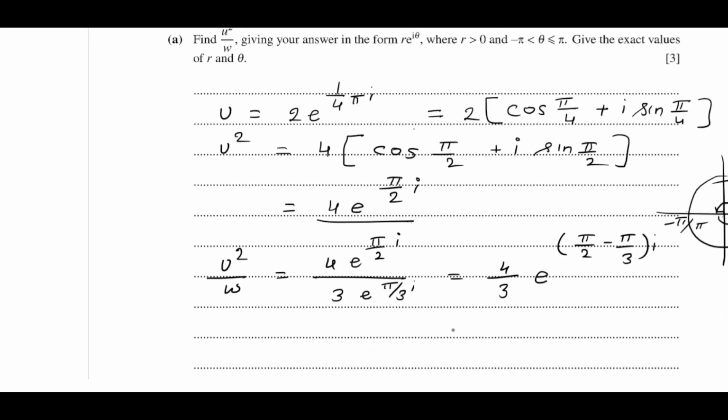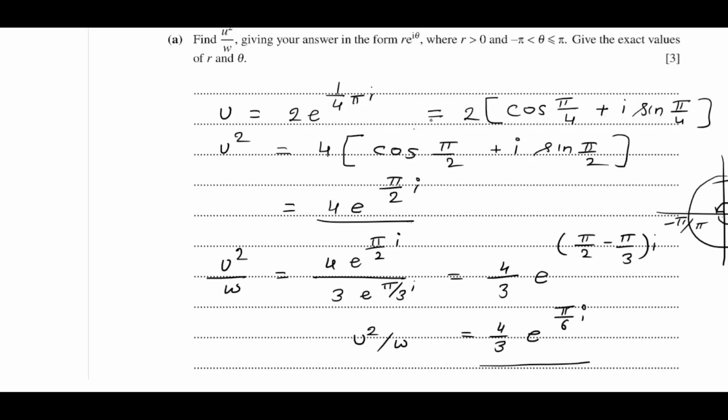So our result is 4/3 e^(πi/6). This is u squared divided by w.